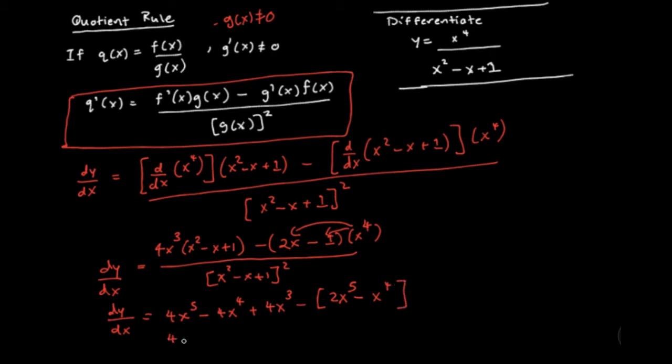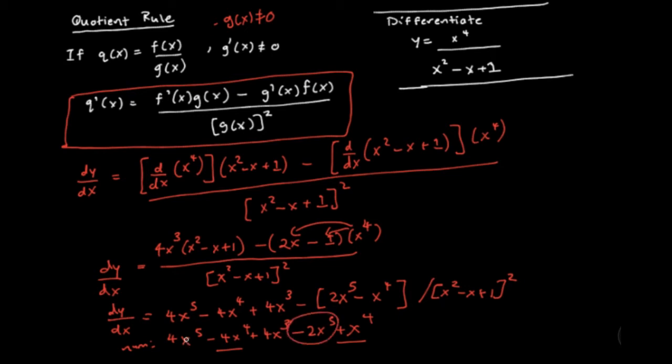And this is going to give us, I'm just going to work with the numerator for the time being. But you can kind of write the denominator out here. We don't have to expand the denominator, we'll just leave it the way it is. And this basically gives us 4x to the power 5 minus 4x to the power 4 plus 4x cubed minus 2x to the power 5 plus x to the power 4. Right, I'm going to collect the like terms. I'm just going to work with the numerator right now.